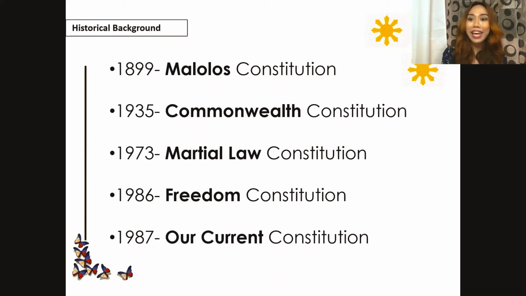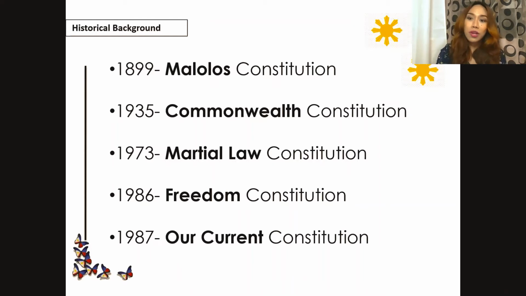At that time, our government was governed by the Malolos Constitution, which is considered the first democratic constitution in Asia. So we became a Philippine Republic governed by the first democratic constitution in Asia. Let's first define republic and democratic for you to be able to understand.